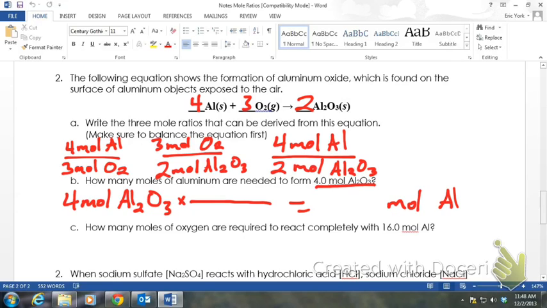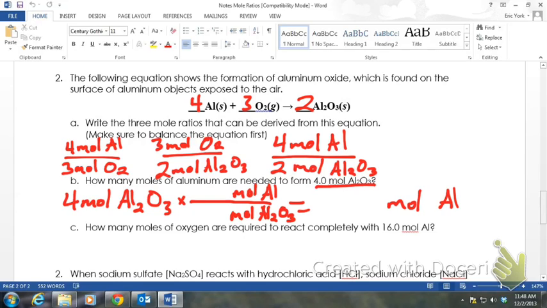Now we can start plugging in our units. What unit goes on bottom? Al2O3. What unit goes on top? Moles of Al. Good.